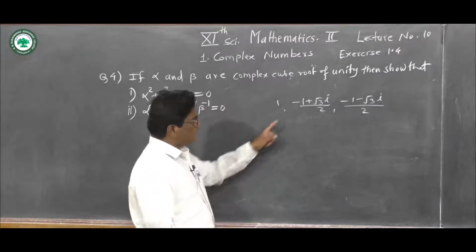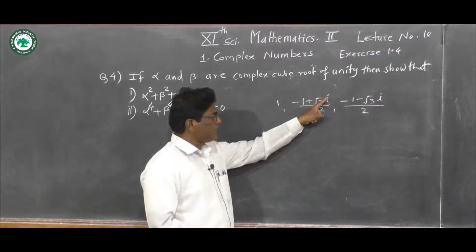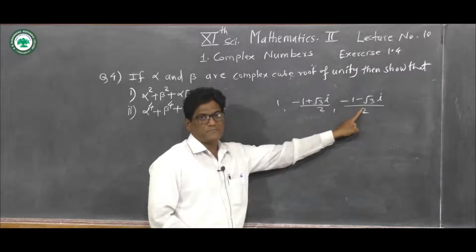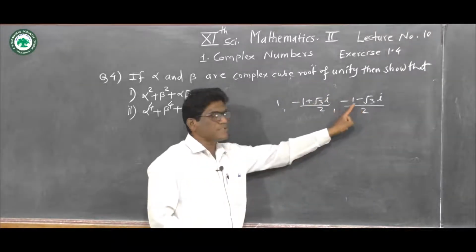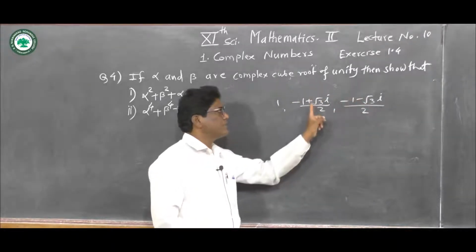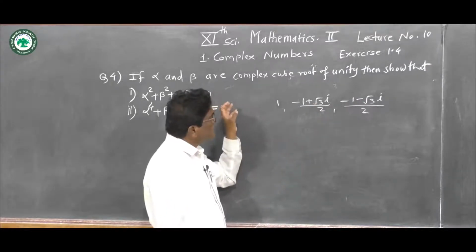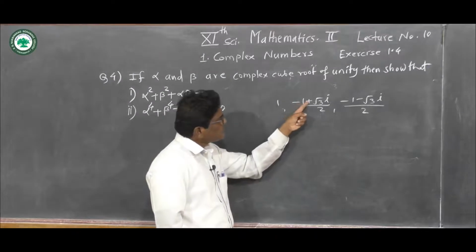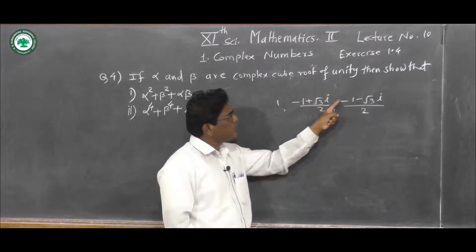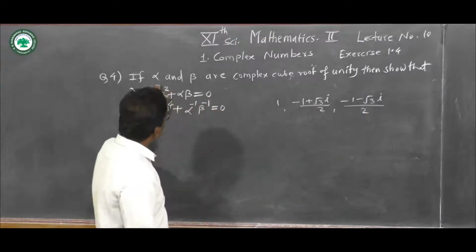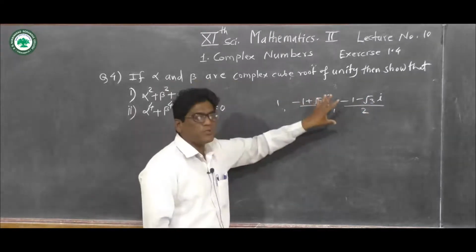Further, we call this minus 1 plus root 3i divided by 2 as omega, and then this is omega square, because square of this is this. So complex cube roots of unity are minus 1 plus root 3i divided by 2 and minus 1 minus root 3i divided by 2.